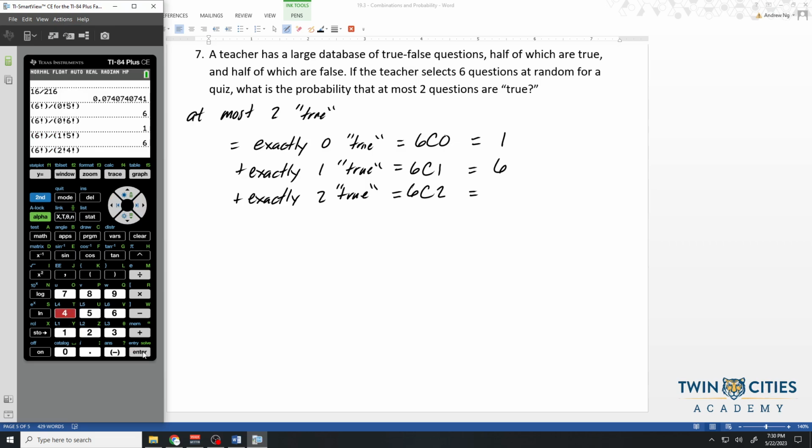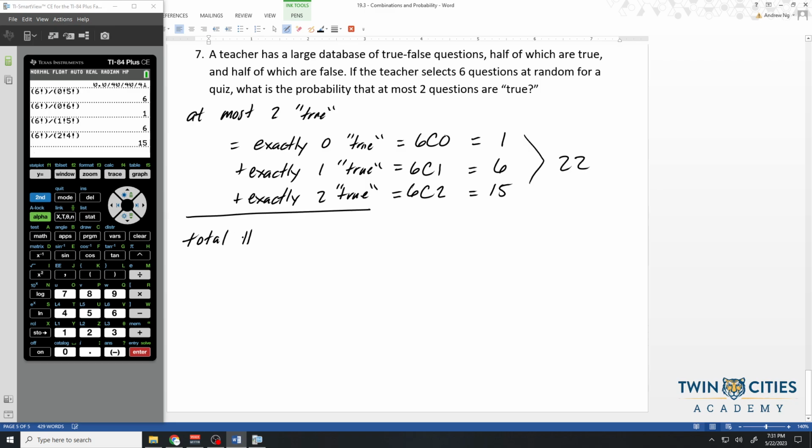This is 6C2, which is 15. So combined 15 plus 6 is 21 plus 1. This is 22 different ways to get at most 2 true. Now over, we need the total number of possibilities.